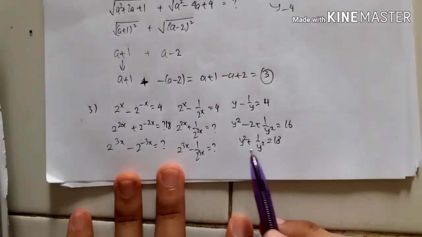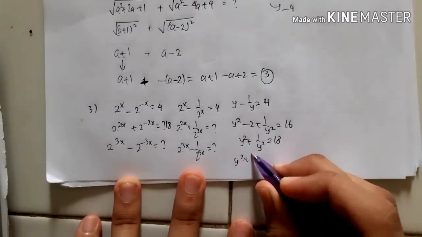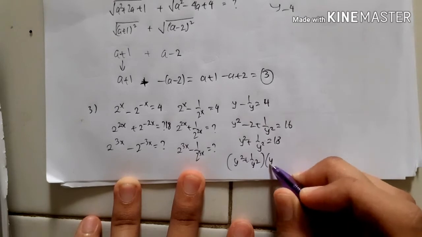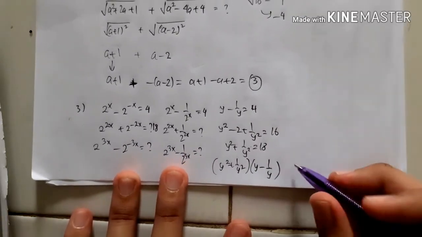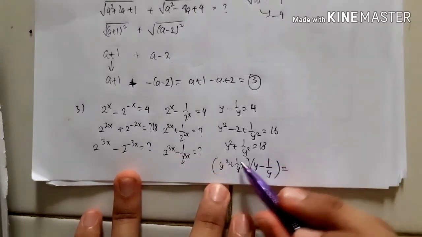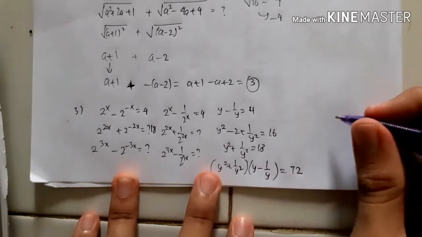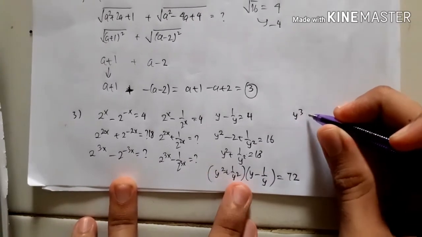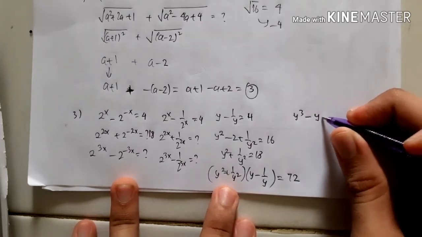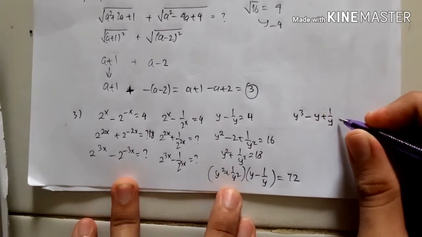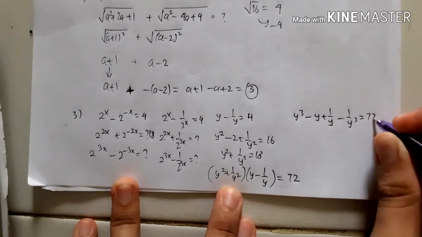Then to get the other value, we multiply that with y minus 1 over y. When we calculate that, it equals 18 times 4, which is 72. When we calculate it one by one, y to the power of 3 minus y plus 1 over y minus 1 over y to the power of 3 equals 72.